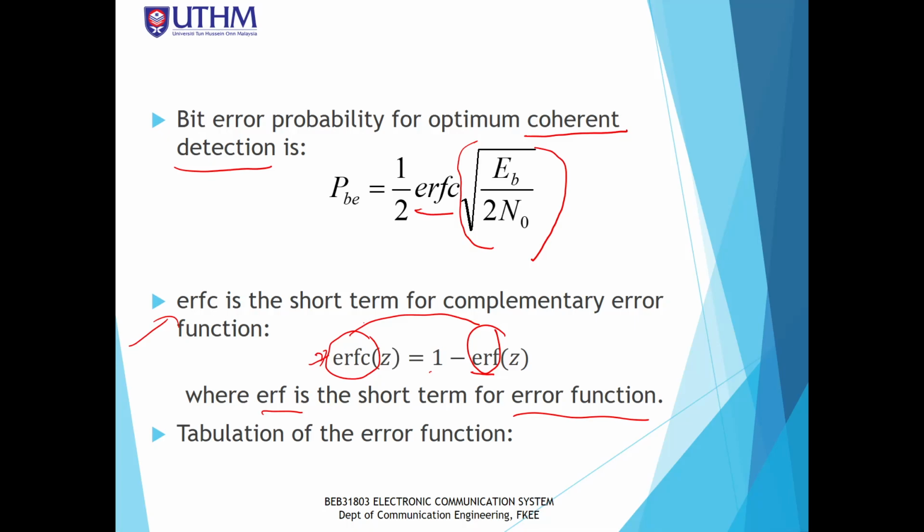So how much is the probability that the receiver will produce error at the output? Berapakah kebarangkalian berlakunya error pada receiver selepas receiver melakukan proses decoding?